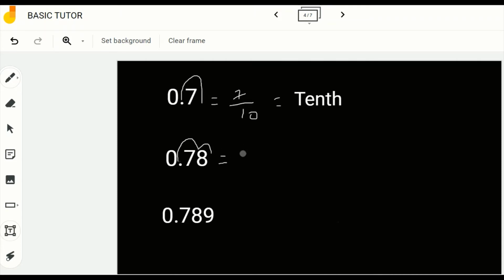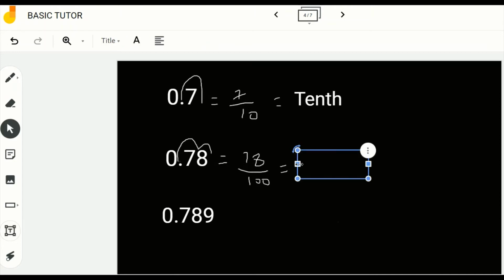So it becomes 78 over 100. If you divide this, you should get back 0.78. So therefore, we can say that two decimal places represent hundredth. The reason why we use hundredth and tenth is because it is a fraction.